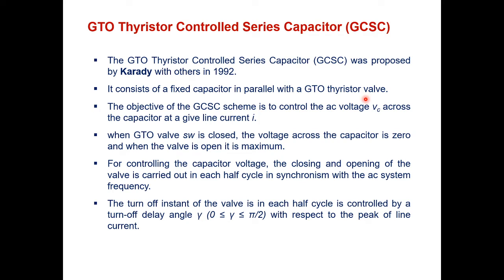If I choose a GTO with gamma equal to 30 degrees, at that point of 30 degrees the GTO will turn off. Whereas in thyristors, if alpha equals 30 degrees, at 30 degrees the thyristor will turn on. That's the main variation between these two. One is off, the other is on.